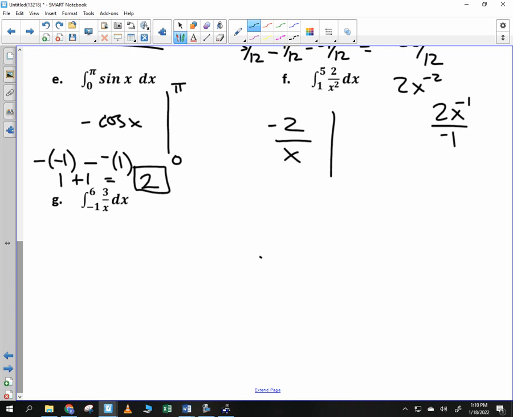We're going to evaluate it at 5 and 1. I plug in the 5, I get negative 2/5 minus, and then you plug in 1 and you get negative 2. You can make mistakes with your positives and negatives in this scenario. Got to be careful. So we have negative 2/5 plus 2, or negative 2/5 plus 10/5, which is 8/5.